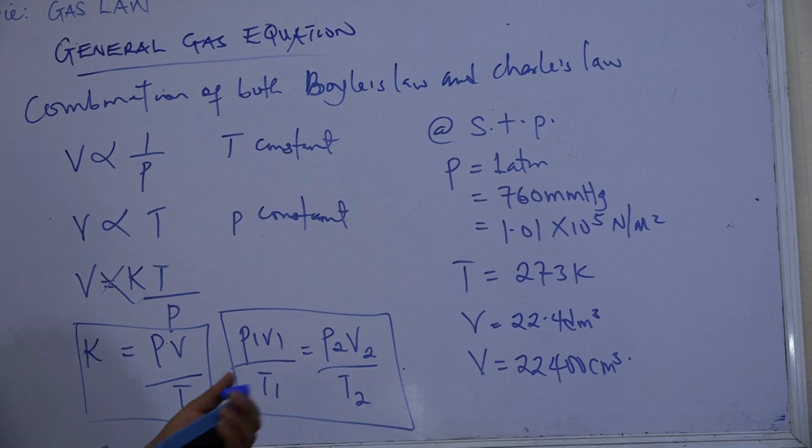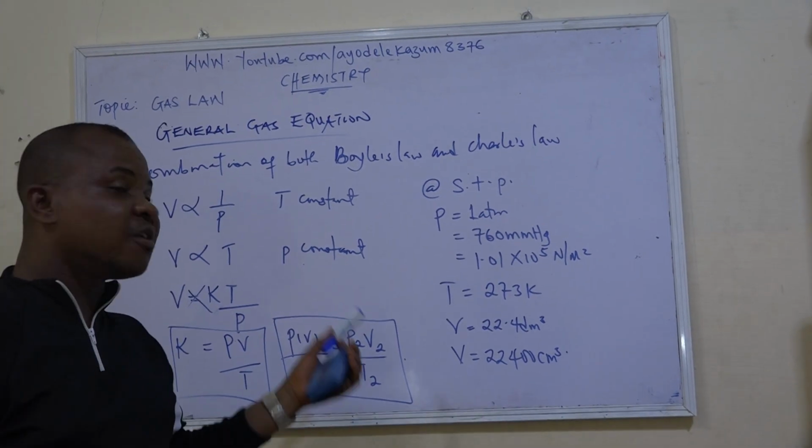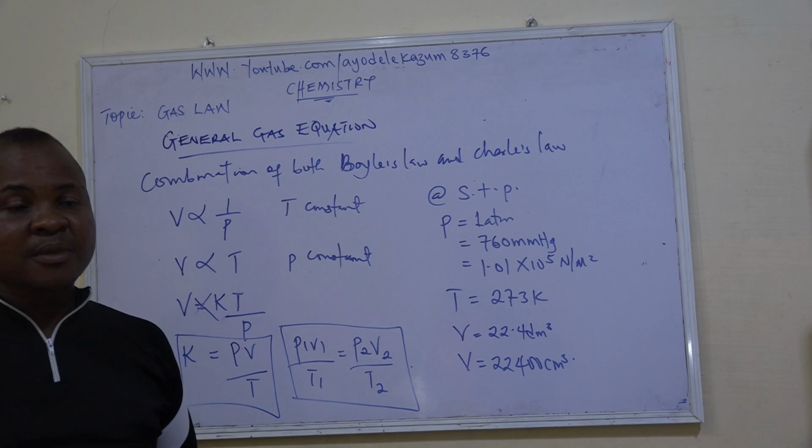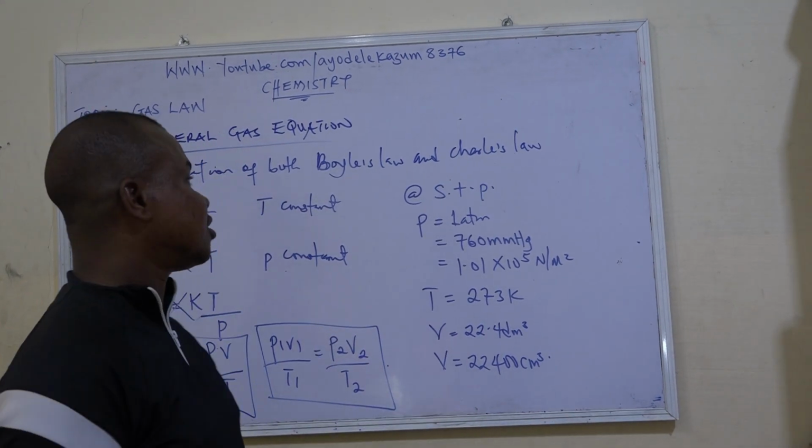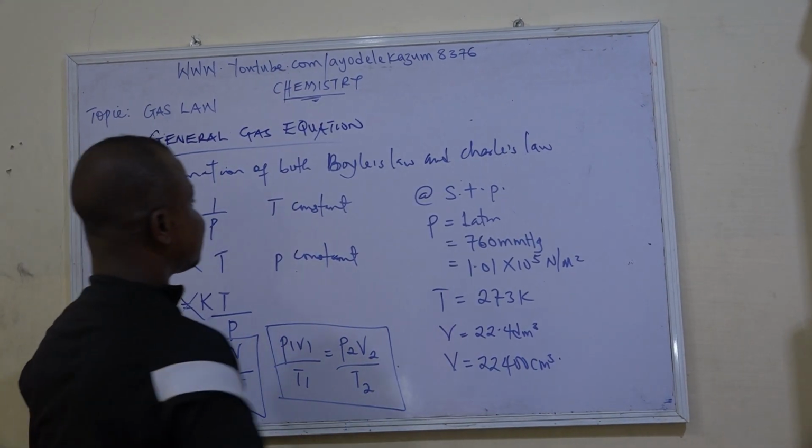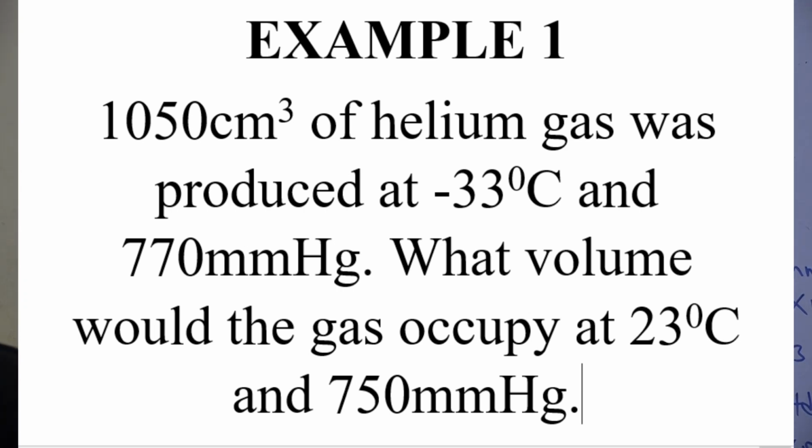I think you need to know how to solve related problems that will come our way under this topic. So let's dive into one or two examples. Example one states that 1050 cm cubed of helium gas was produced at minus 33 degrees C and 770 mmHg.